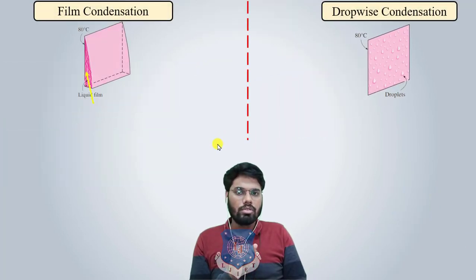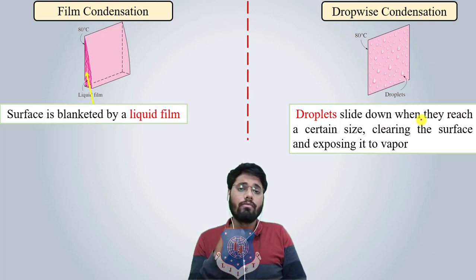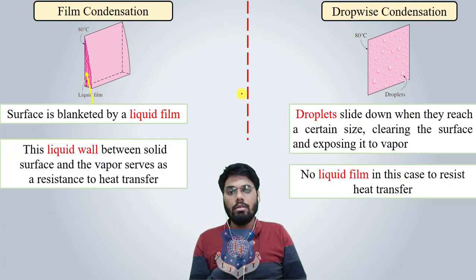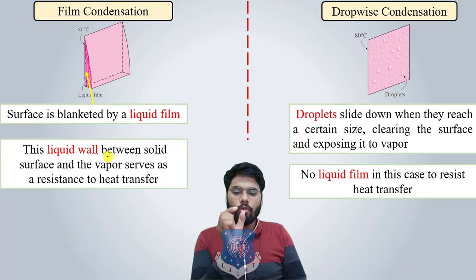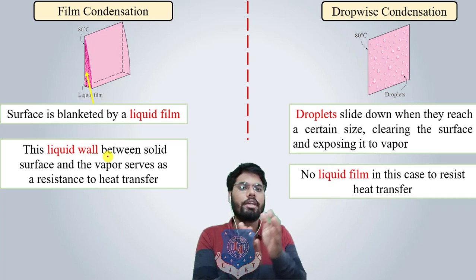Now let's compare both film condensation and drop-wise condensation. In film condensation, the surface is blanketed by a liquid film. In drop-wise condensation, droplets slide down when they reach a certain size, clearing the surface and exposing it to further vapor. Here the liquid wall between the solid surface and the vapor serves as resistance to heat transfer.